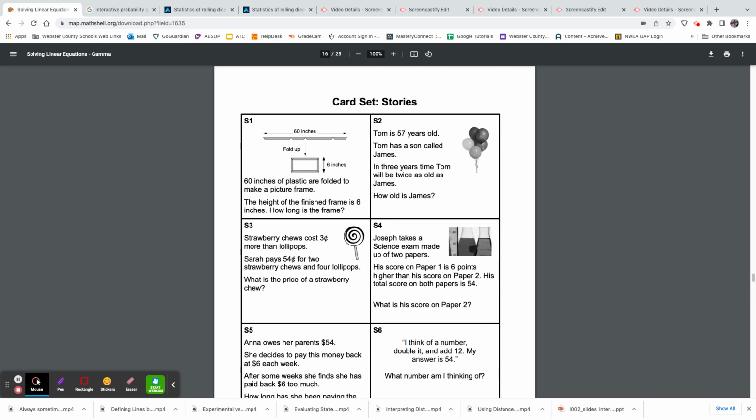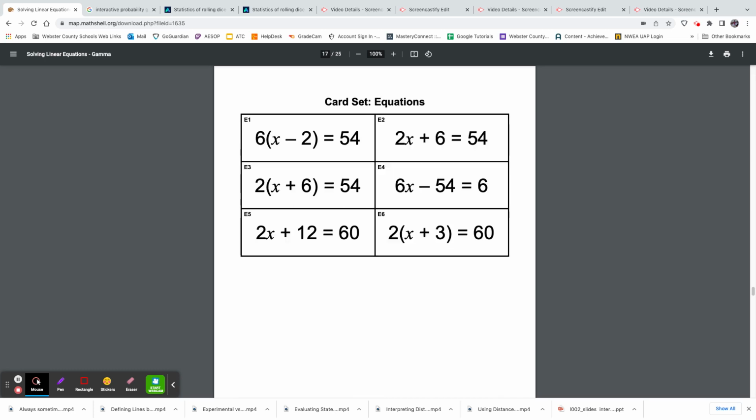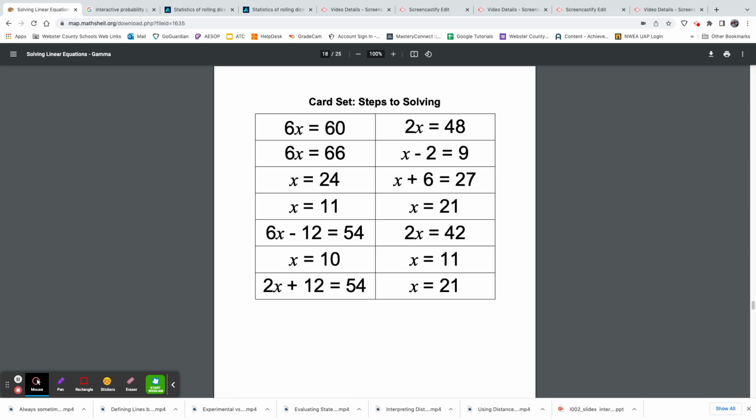What I want you to do is read the stories with a partner or in groups of 3 or more, decide what story matches with what equation, and then fill in the steps. These will not be all the steps, but when you glue it on a poster, I would put the story, underneath it the equation, and then the steps to solve. If there are any steps missing, just write them in between the steps that they give you.